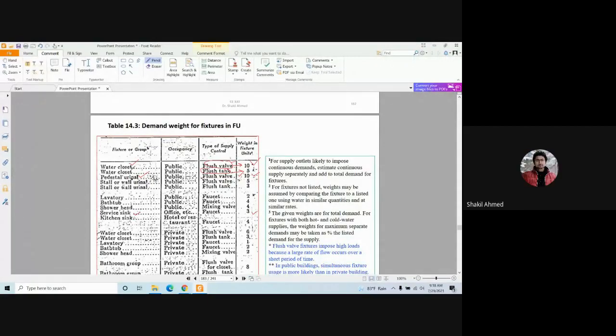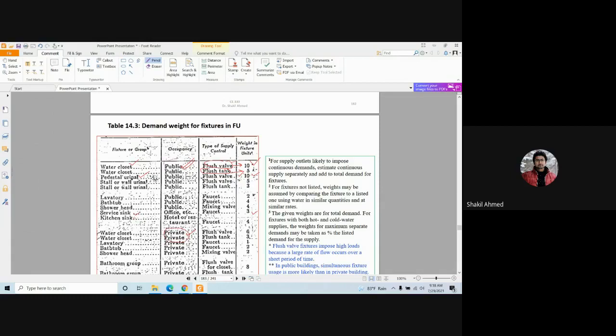And again, there are categories like public and private. In case of a public water closet, for example, in a restaurant or in a shopping mall, they are used continuously, one by one, very rapidly, unlike the private one.